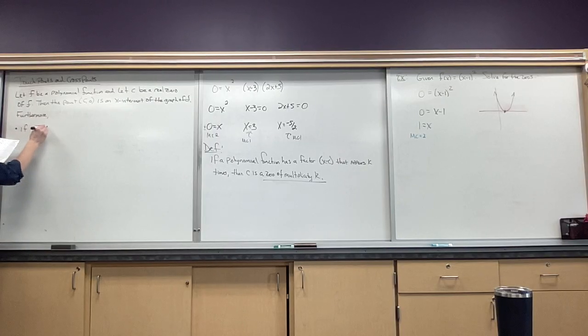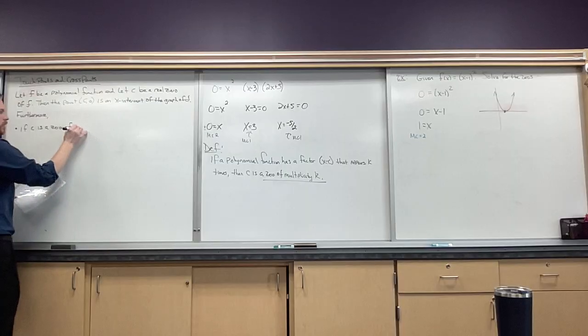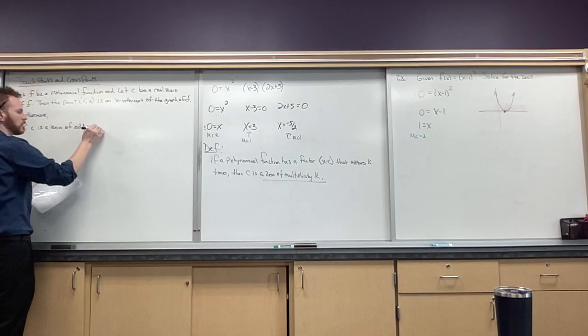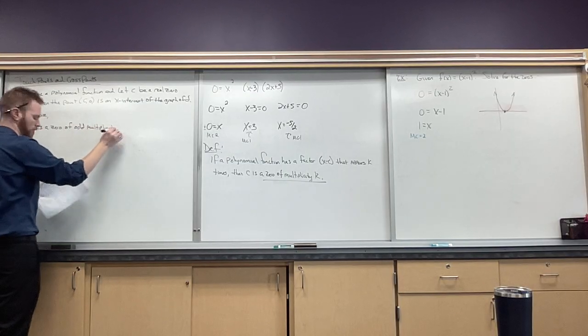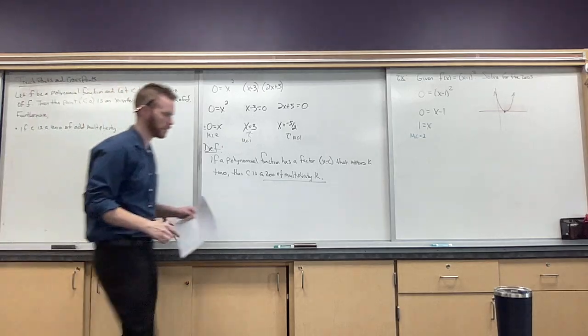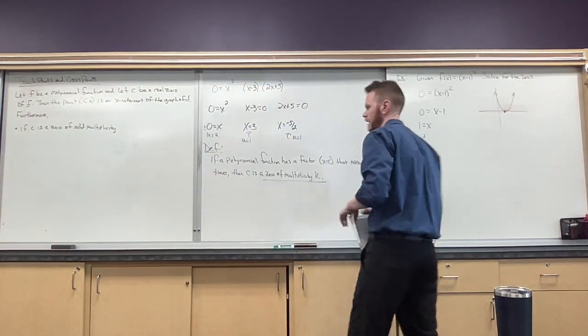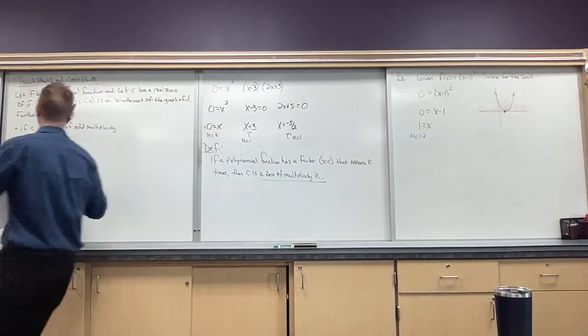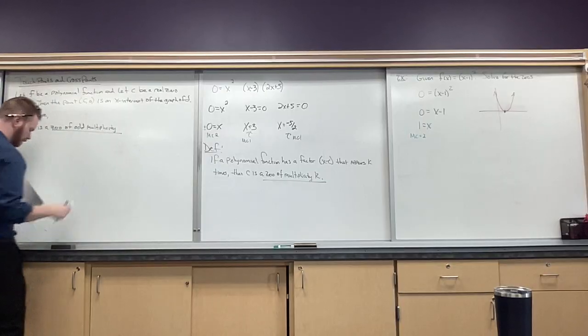If c is a zero of odd multiplicity, and where's that blue marker? There it is. That's an important phrase to put there.